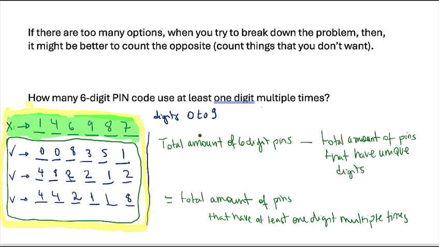Okay, and how can I find the number of total 6-digit pins? To find the total amount of 6-digit pins, you can go to our toolbox, everything that we've learned up until now, and think about, okay, what tools did I have? I've learned about sets.